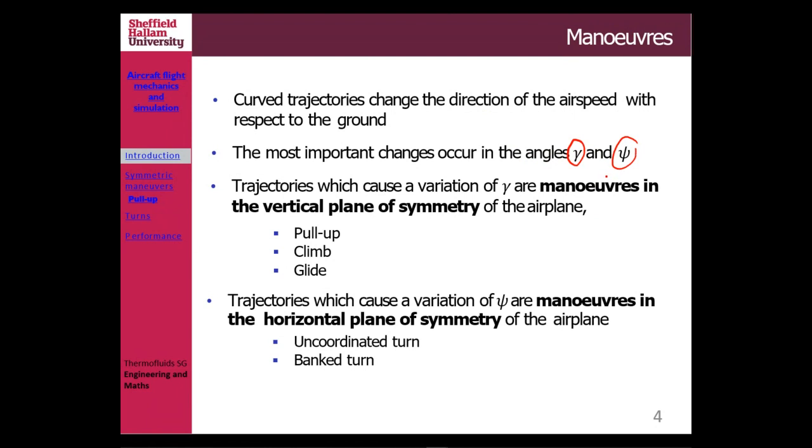Obviously, in terms of variation of gamma or flight path angle, the maneuvers we have already discussed are the climb and glide, and hopefully we could see what the pull-up maneuver actually is. Pull-up you could consider as an instantaneous event.